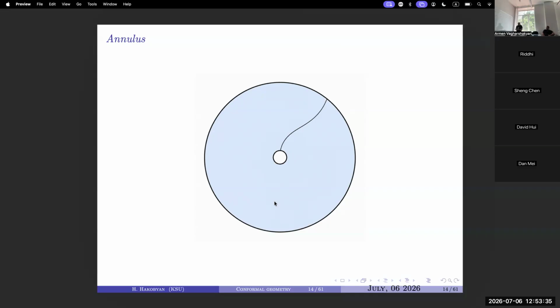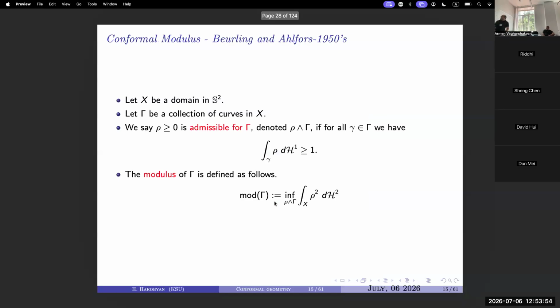Okay, so how do you prove something? There are a couple of ways to do that. There are ways where you don't really need to use any modulus, but since we have a lot of modulus in our talks, I'm going to talk about that. So this is one of the most important conformal invariants. This is called conformal modulus, and it was introduced by Beurling and Ahlfors.